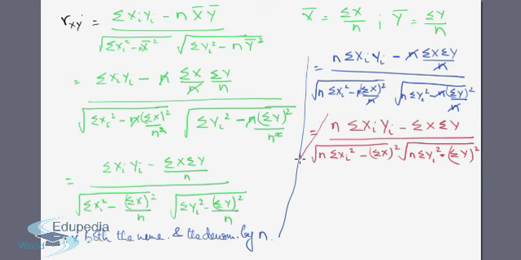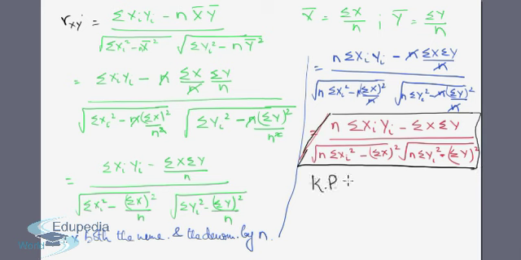So this was the formula which we were intending to get. This is the final form of the coefficient of correlation, or the Karl Pearson's coefficient of linear correlation.